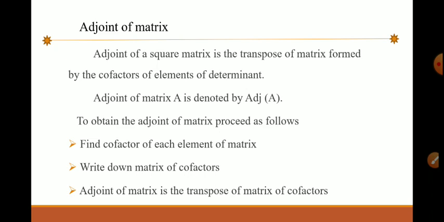Third, the adjoint of the matrix is the transpose of the matrix of cofactors, which means interchange rows and columns of the matrix of cofactors.